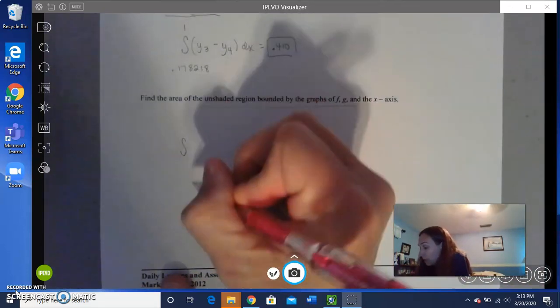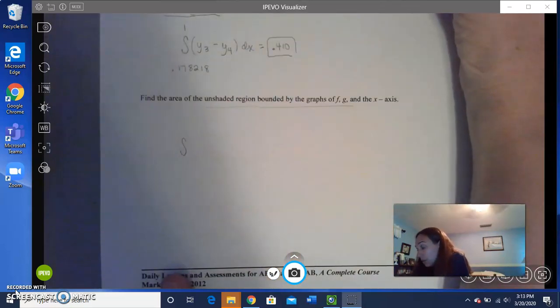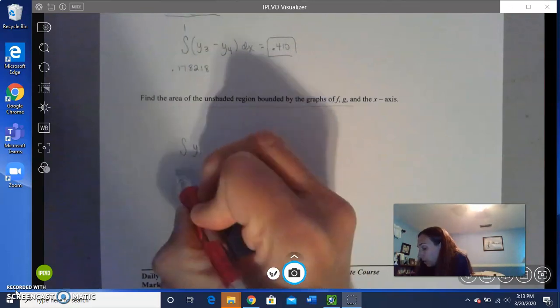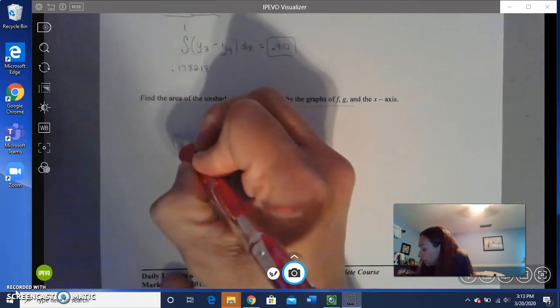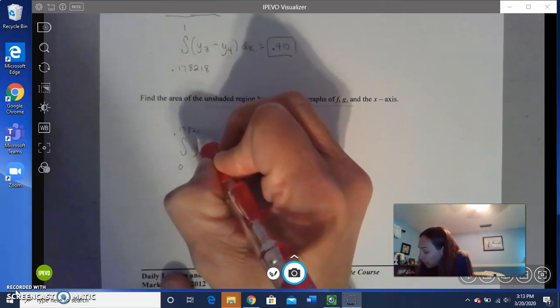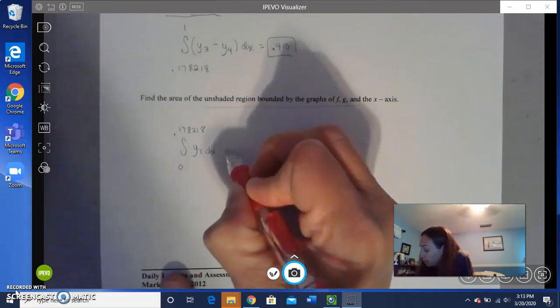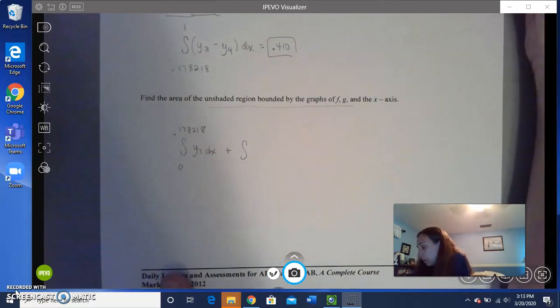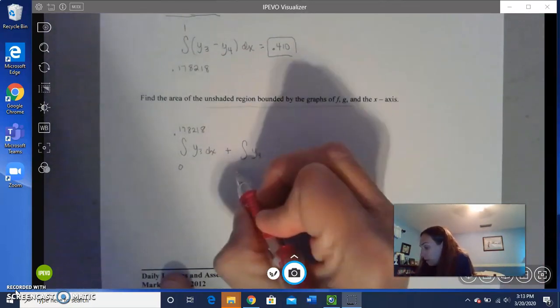So I'm going to take the area under the pink curve, which is y3, going again from 0 to the x value of point A, 0.178218.